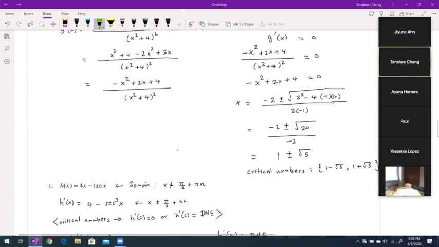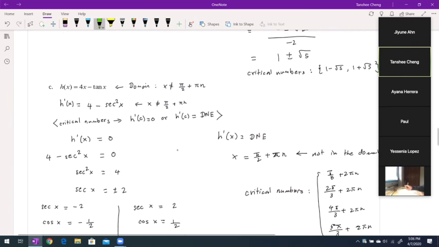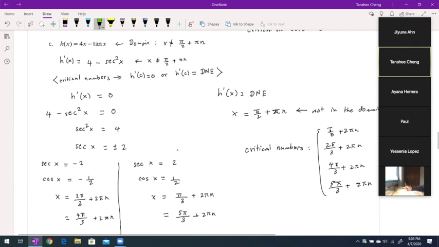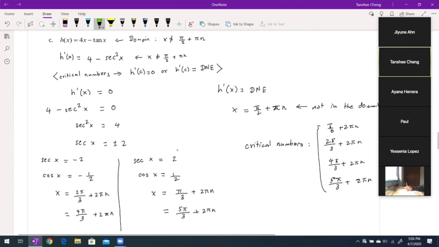So continuing, the next one is something that we always like, our favorite trigonometric functions. The given function is h of x equals 4x minus tangent x. While I'm away, did you figure out why my domain is x cannot be equal to pi over 2 plus pi n?